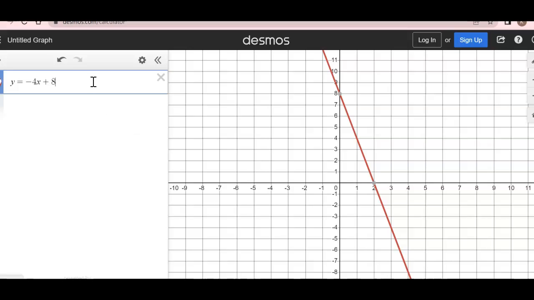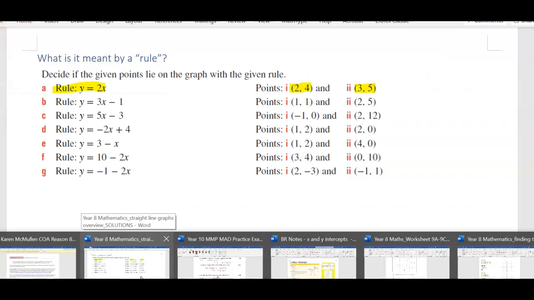Okay, so this is a program I use called Desmos, and it's free. You can just type in Desmos into Google and it'll come up. And it's such a quick way to draw graphs. Okay, so our first one I think was 2x, wasn't it?